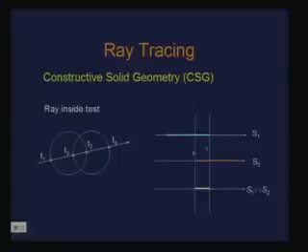Now, the ray inside test for the object which is obtained as a Boolean operation of intersection is nothing but the intersection of the spans here and here, which is this yellow line. So, this gives me the ray inside for the compound object, and that is what I should be interested in when I am performing ray tracing, right.